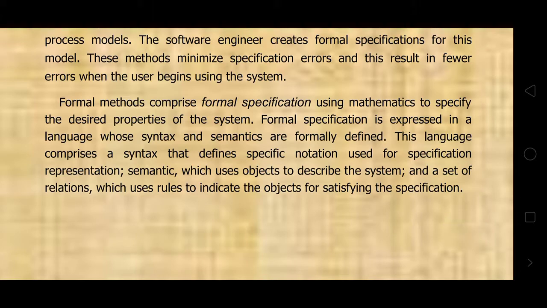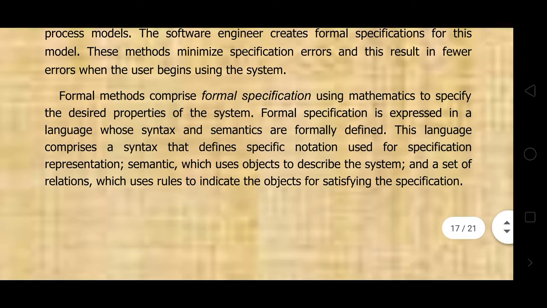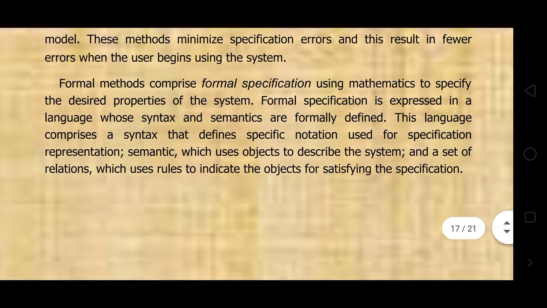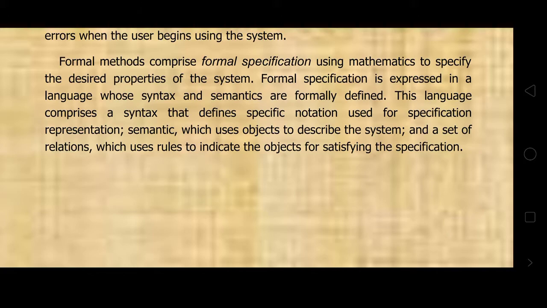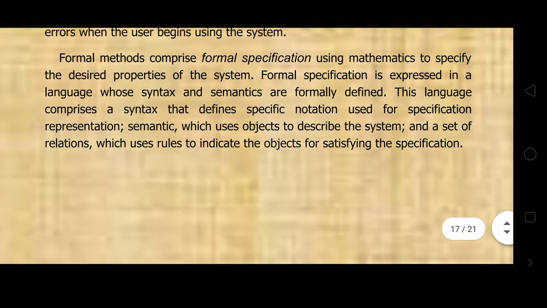Formal methods comprise formal specifications using mathematics to specify the desired properties of the system. A formal specification is expressed in a language whose syntax and semantics are formally defined.